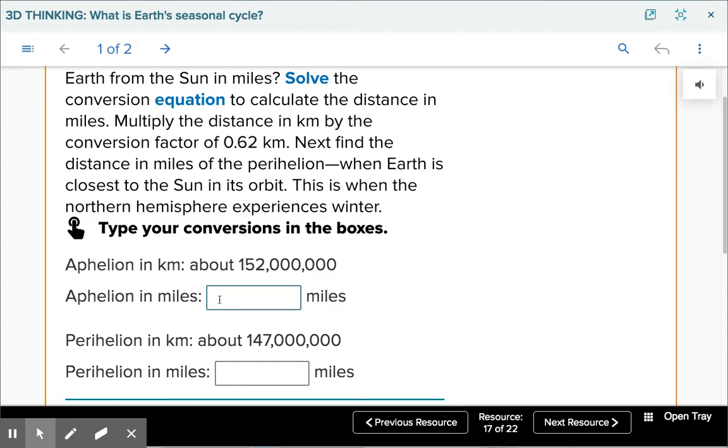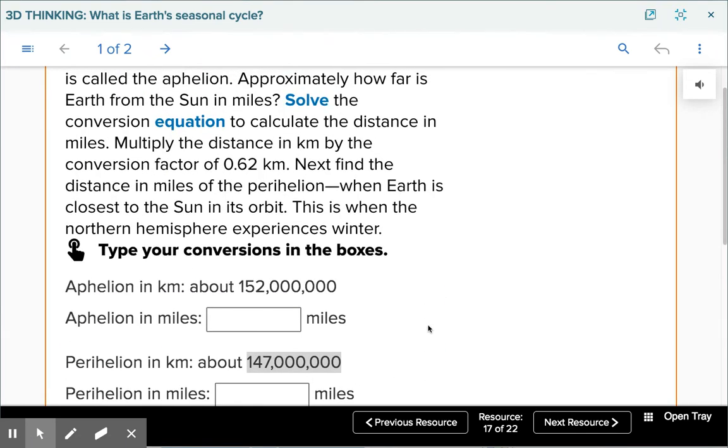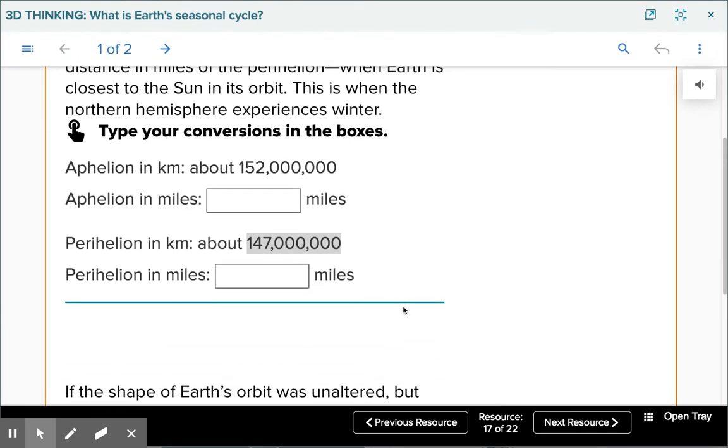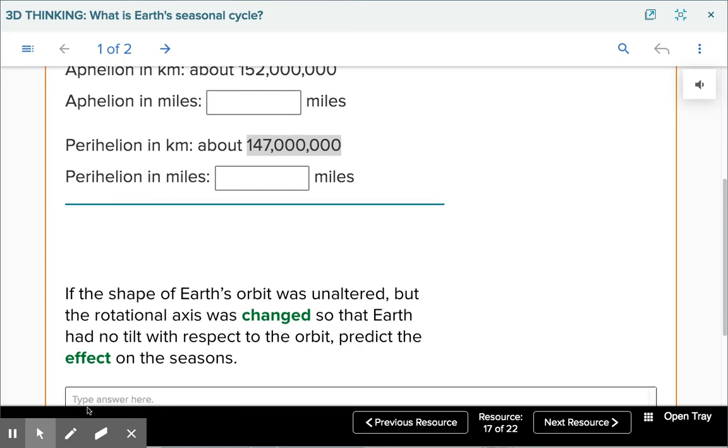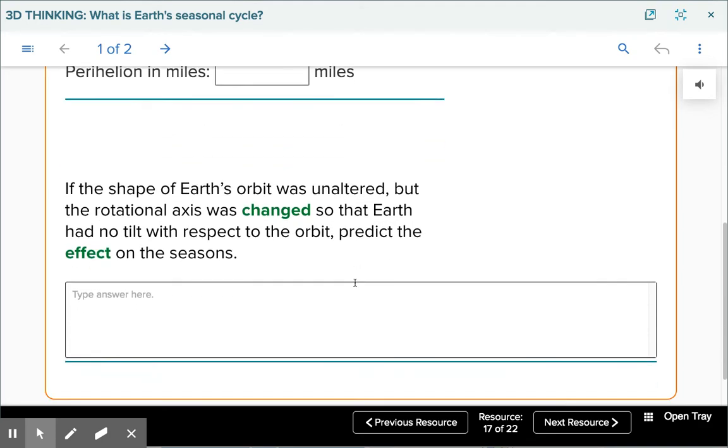You're going to do the same thing for the perihelion. You're going to take this number, multiply it by the conversion factor of 0.62, and that will give you your miles. You will need a calculator. I think you have tools available to you, but you might have a calculator available to you when you are doing this.